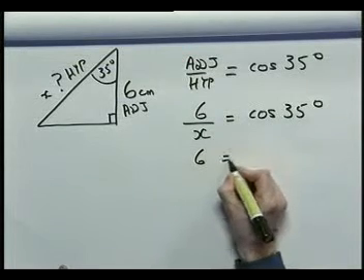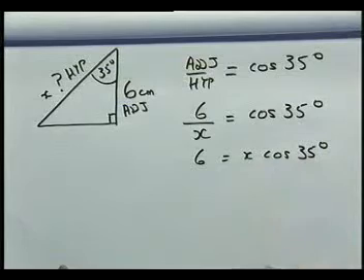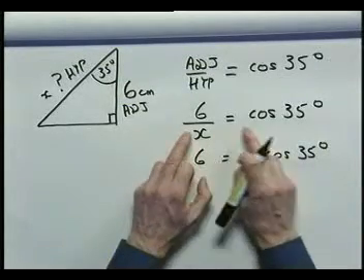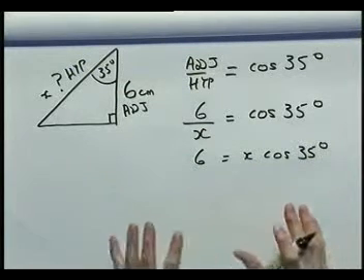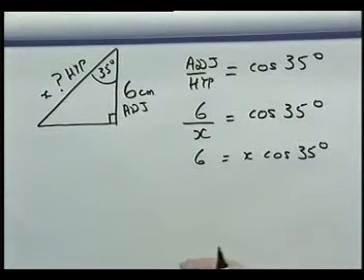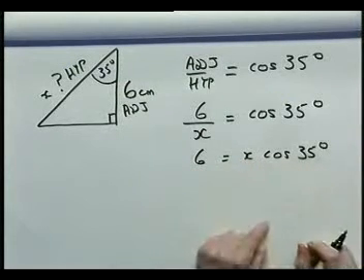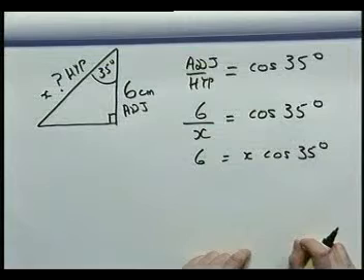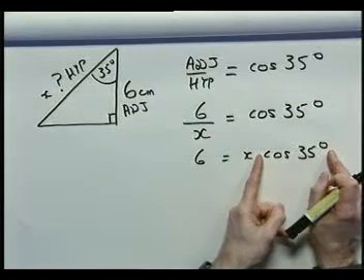So 6 must be x times the cosine of 35 degrees, multiplying both sides of this equation by x. This sometimes gives people a little bit of trouble, the next step. We've got 6 equals x times cos 35, and it's the x that I want. The thing that you have to remember is cos 35 is just a number.